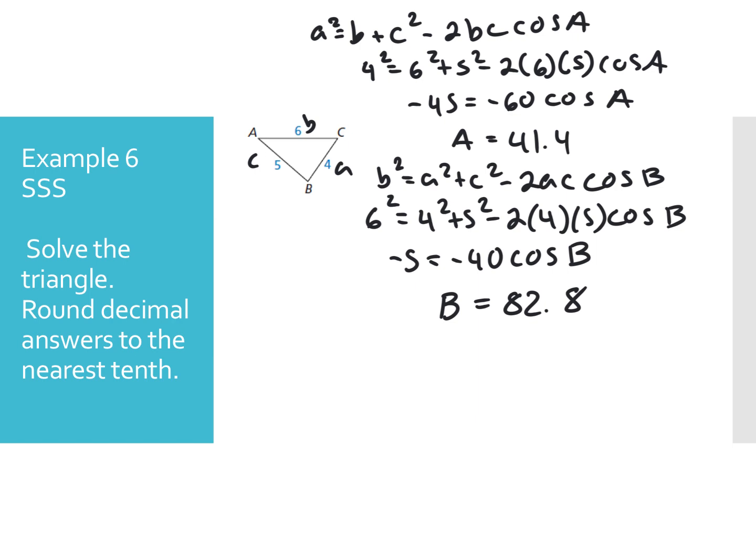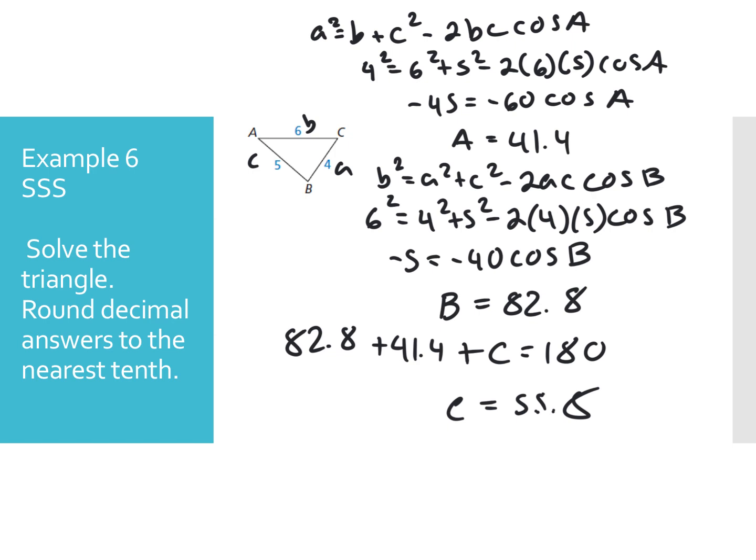And then to find the last angle, I'm going to do 82.8 plus 41.4 plus angle C equals 180. When I plug that into the calculator, I get that angle C is 55.8. Here we finish solving the angles, so we have the entire triangle.